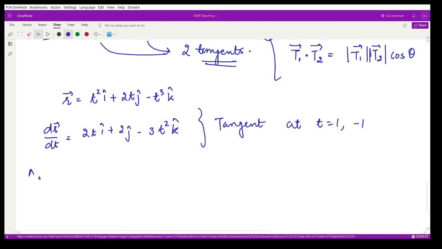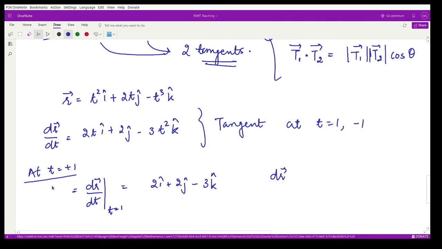So at t is equal to plus 1, dr by dt is equal to 2i cap plus 2j cap minus 3k cap, right? And this is your vector t1. And what is your vector t2? This is dr by dt evaluated at the point t is equal to minus 1. So this is equal to minus 2i cap plus 2j cap minus 3k cap.